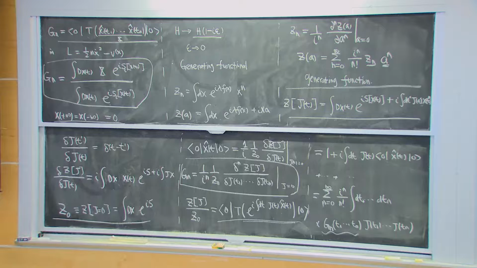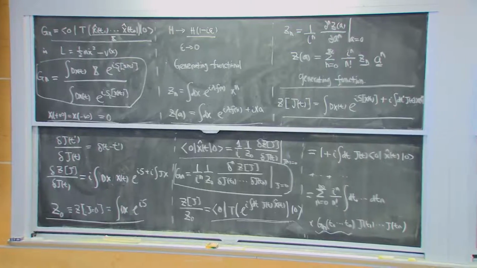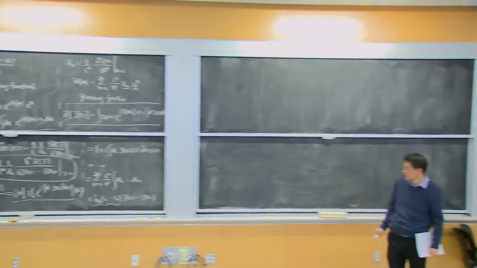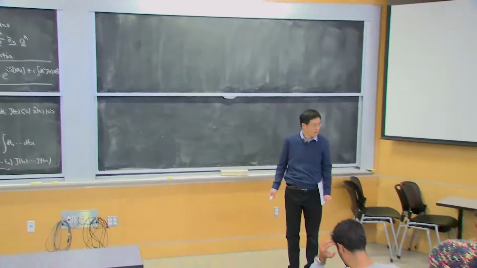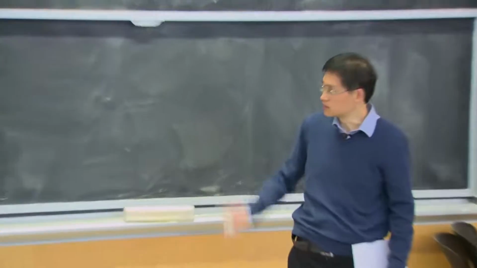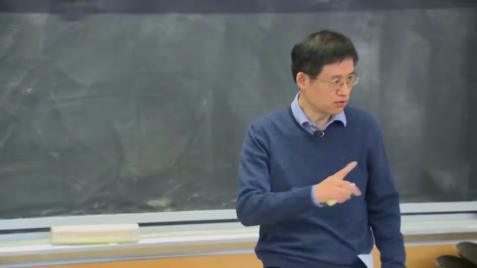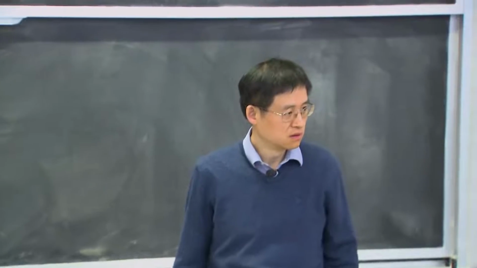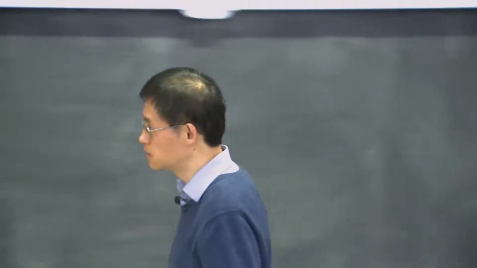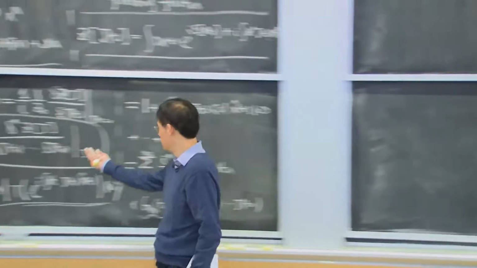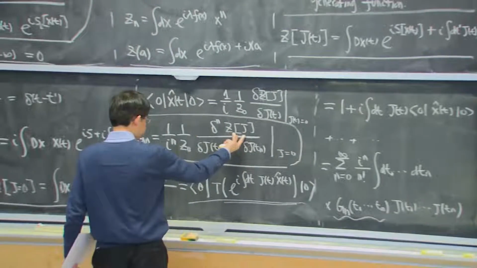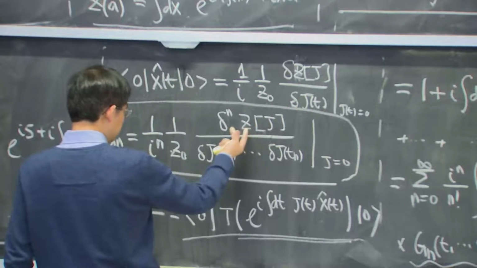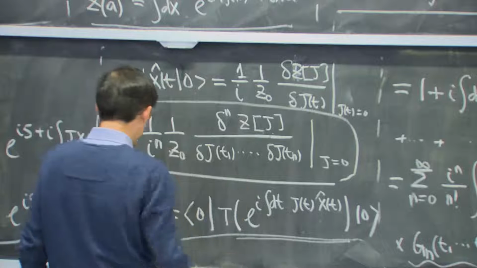Other questions? Yes. In that formula in the middle, where Gn is expressed as the nth functional derivative of Z, does it matter what order I take the derivatives? No, that doesn't matter, because j is an ordinary function and this is just some functional of j. You can take arbitrary derivatives.